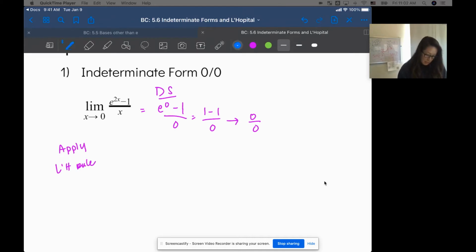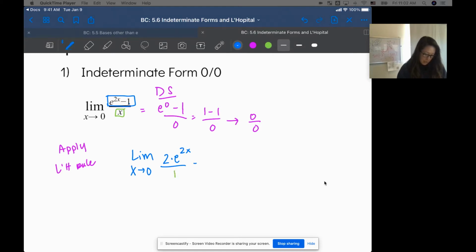So I'm going to write the limit as x approaches 0, and we take the derivative of e to the 2x. So derivative of the numerator is e to the 2x times the chain, which is times 2, and then the derivative of negative 1 is 0, all over the derivative of x is 1.